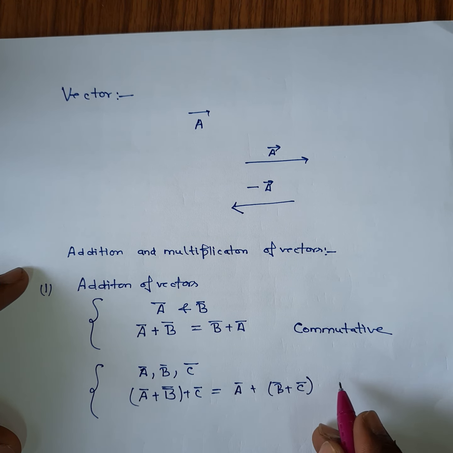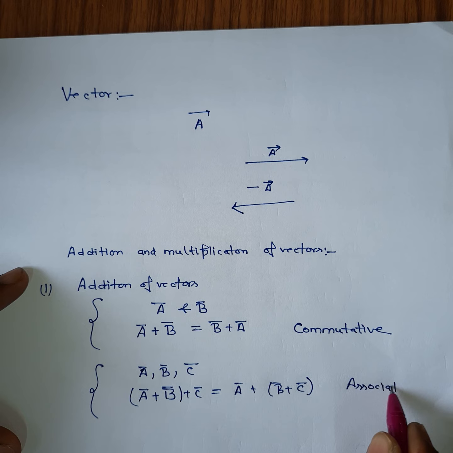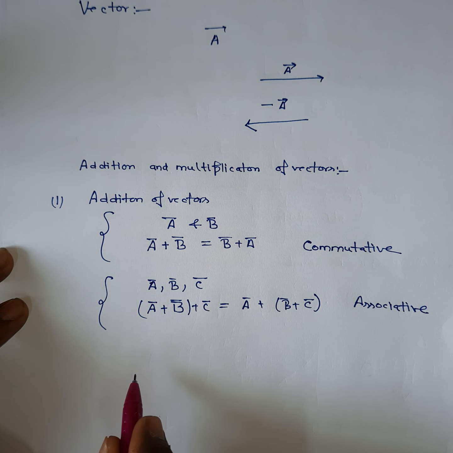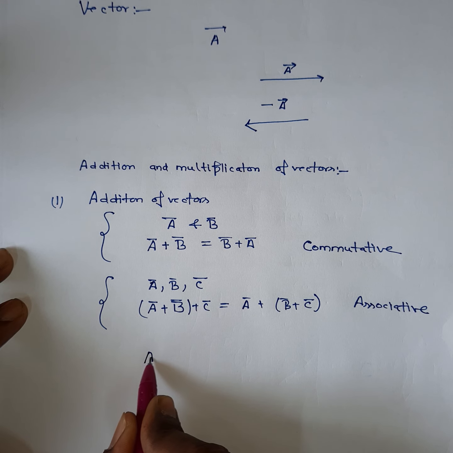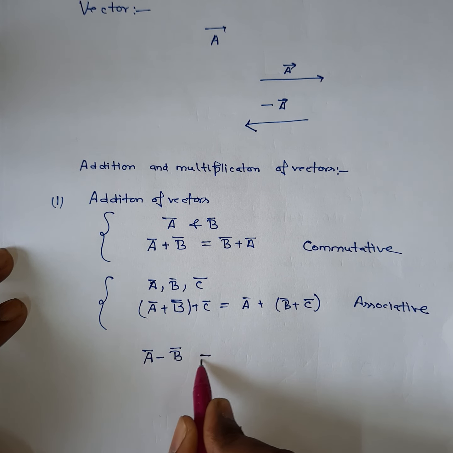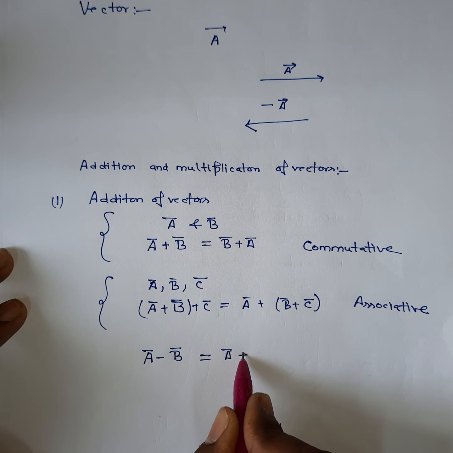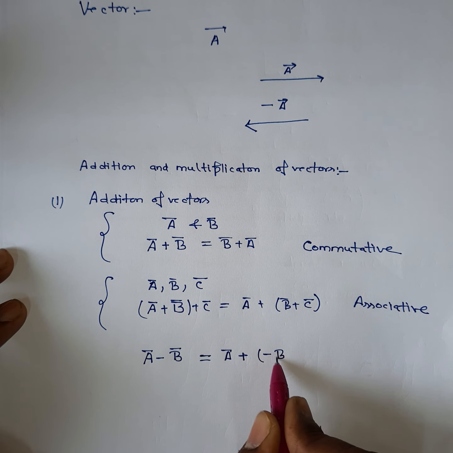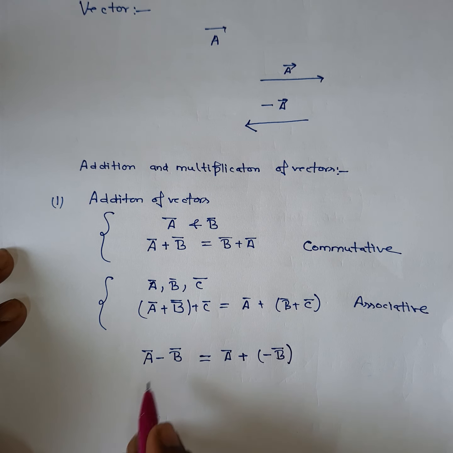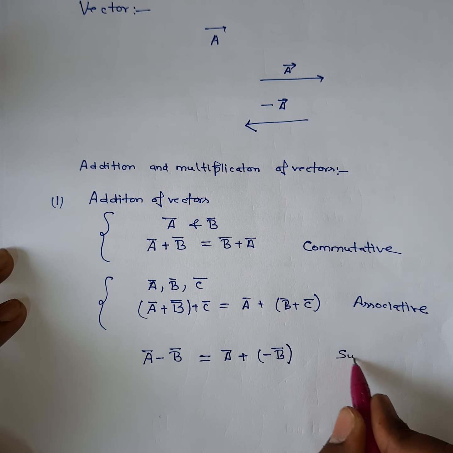So you can say here that addition is associative. So if you want to subtract two vectors A and B, you can write A vector minus B vector is defined as A vector plus the negative of B, it is also a kind of summation but with the direction inversed. So this is subtraction.